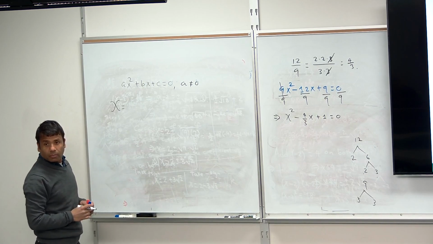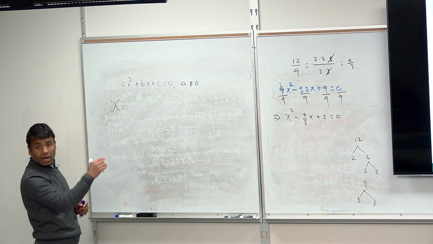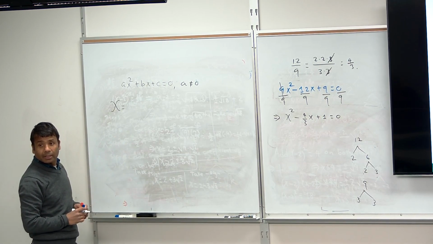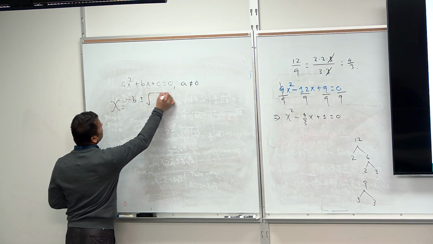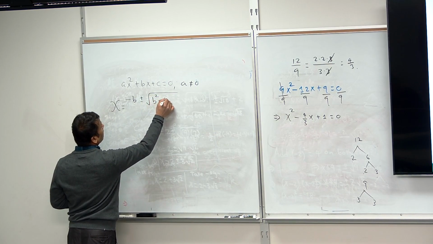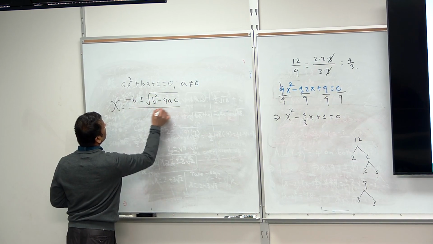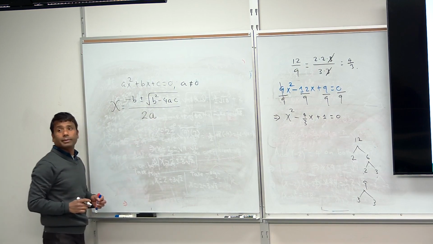Are you guys familiar with that formula? Yes? x equal to negative b plus or minus radical b squared minus 4ac over 2a.